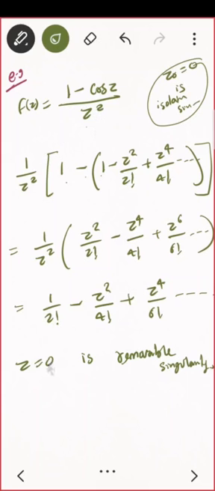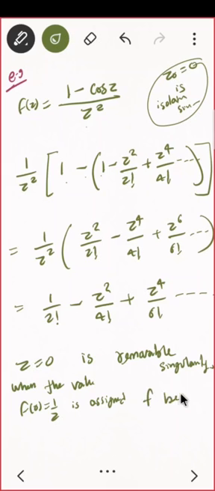So when the value f of 0 equal to 1 by 2 is assigned, f becomes an entire function. Okay, is this clear?